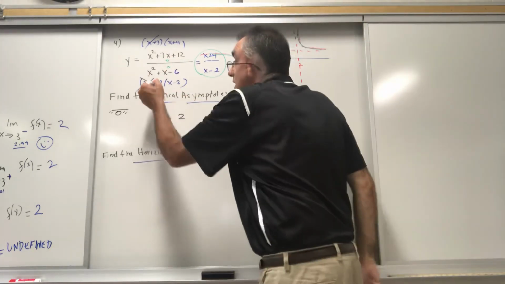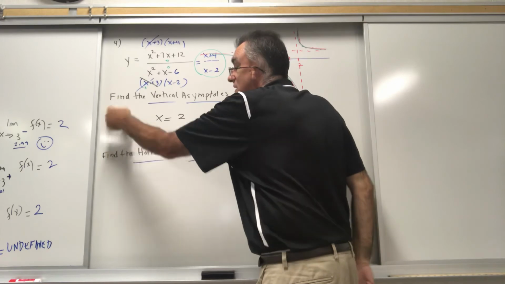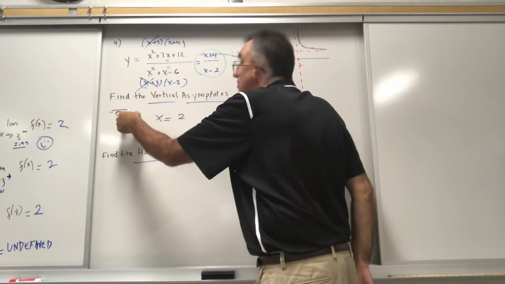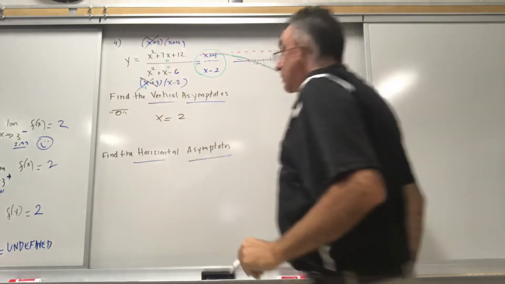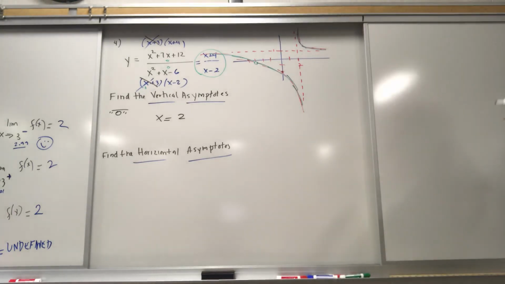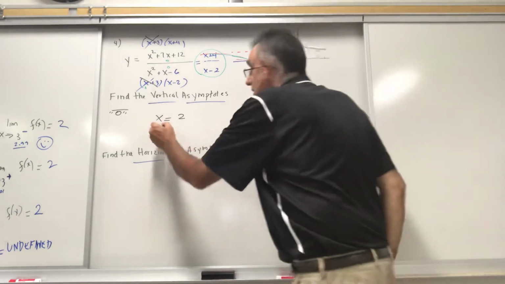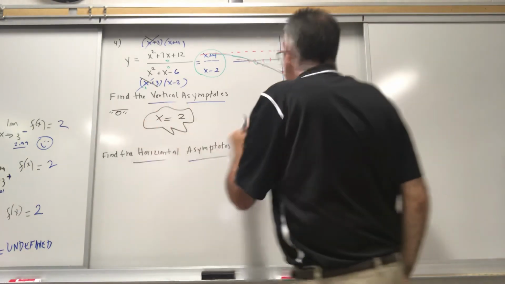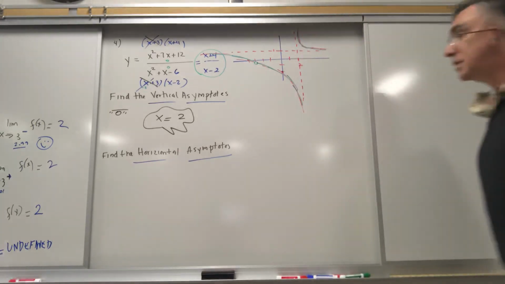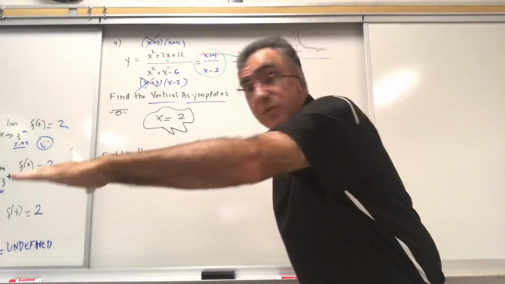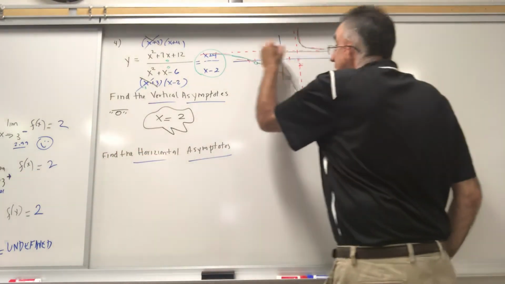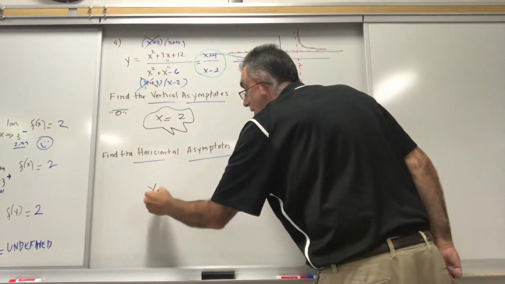So this one, even though we're dividing by 0, it's not just about dividing by 0. It's about dividing by 0 when the top isn't 0. So there's no vertical asymptote at -3, just at the 2. So the answer to the question is there's a vertical asymptote at x equals 2. Horizontal, of course, means going this way, and that's just this line here. Y equals 1.